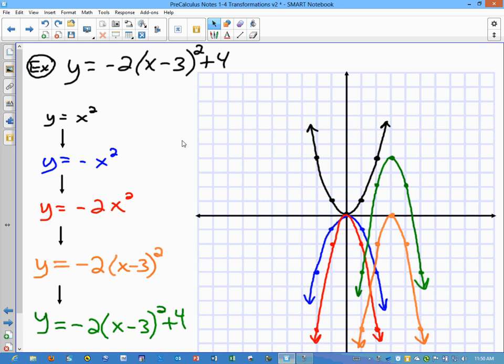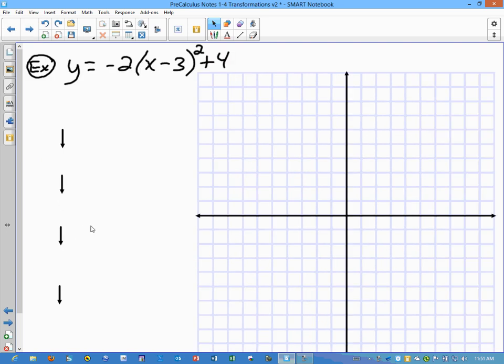Now, when you actually graph these, though, you don't have to show all these intermediate graphs. I wanted to show you so you could see that we can do these one at a time and what each transformation means, but let's look at a more realistic way that we would have done this problem. Because when you get proficient at this, you can basically look at this equation and be able to go right to the graph.